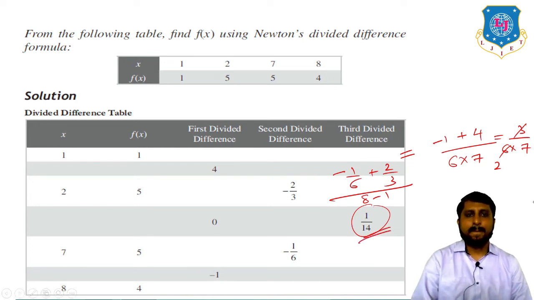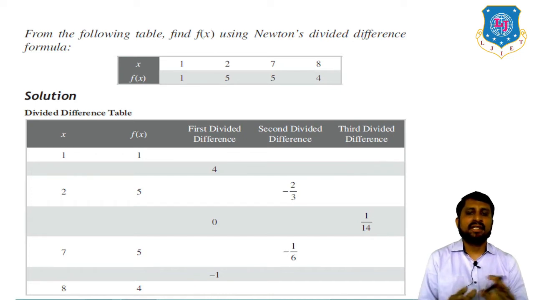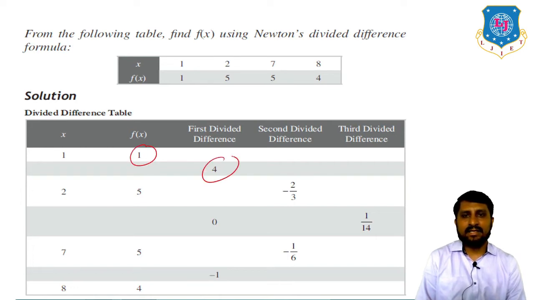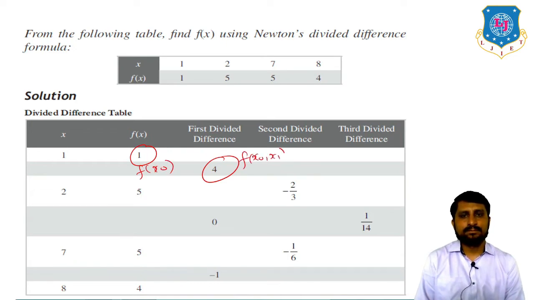Okay. Clear? I hope you all can understand how we first make Newton's divided difference table. Now we have to use all these diagonal entries. This is y0, that is f of x0. This is f of x0 x1. This is f of x0 x1 x2.